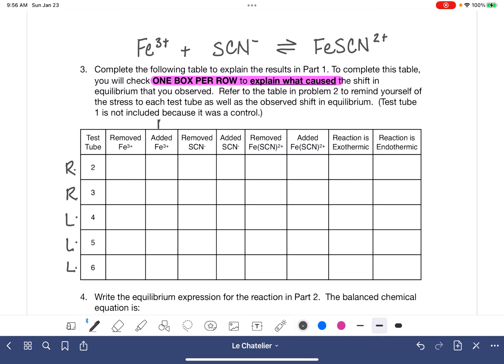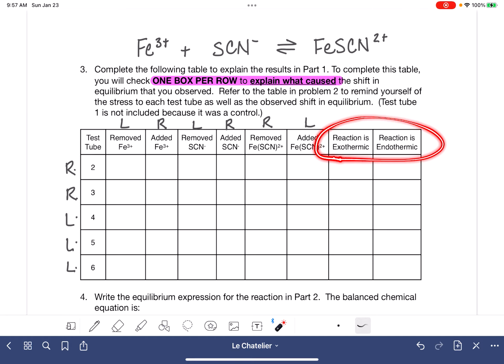So this would correspond to the shift to the right, and the opposite, removing Fe3+, would cause a shift to the left. Adding SCN- would cause a shift to the right, removing it would cause a shift to the left. Adding FeSCN2+, if we added this, it would cause a shift to the left. So the opposite would cause a shift to the right.